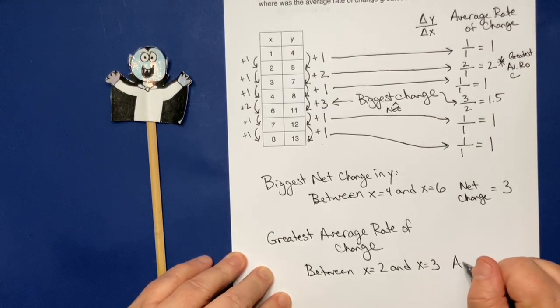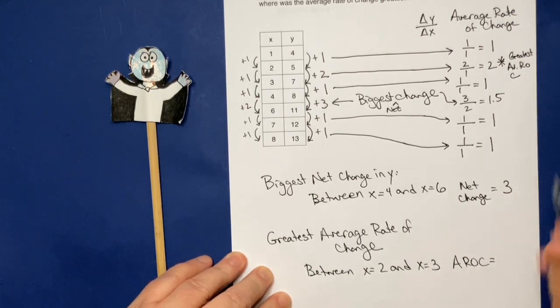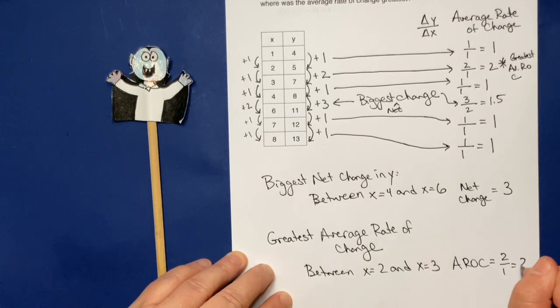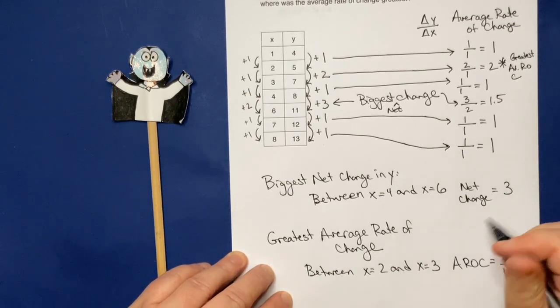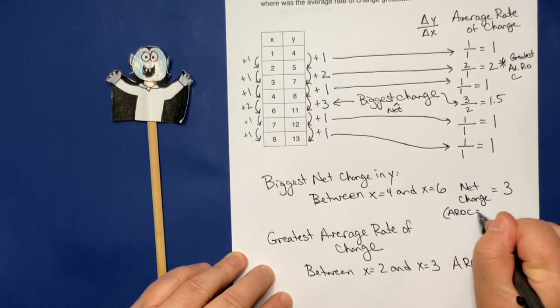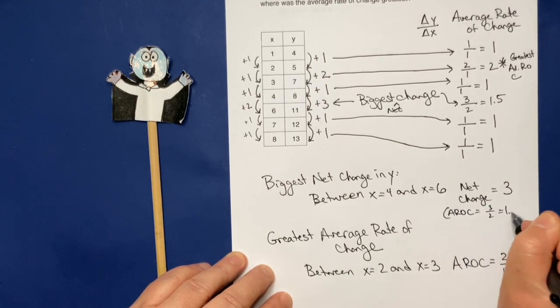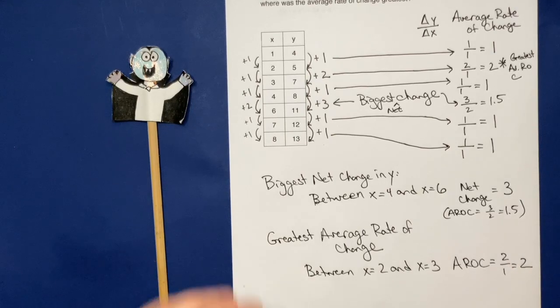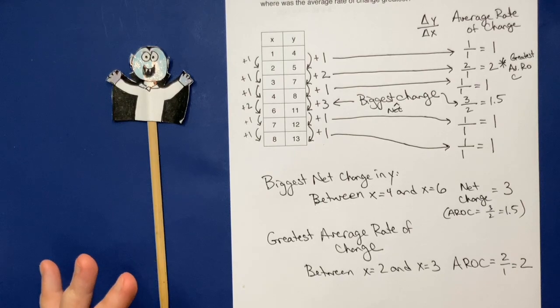And the average rate of change in this case was 2 over 1, which was 2, because up here, the average rate of change was only 1.5. So again, we've got two different measures that we're looking at.